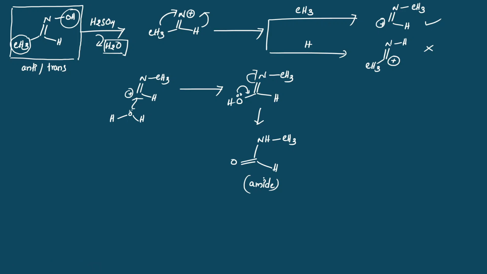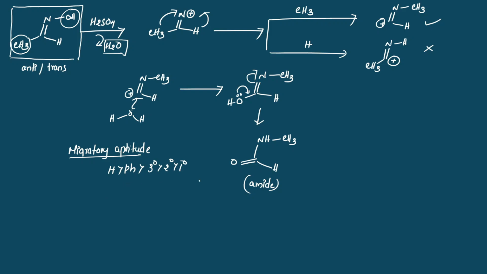Suppose in your question the stereochemistry is not mentioned, then what will you do? In that case, you have to follow the migratory aptitude. Hydrogen has the highest migratory power, then comes the phenyl, then tertiary, secondary and primary.